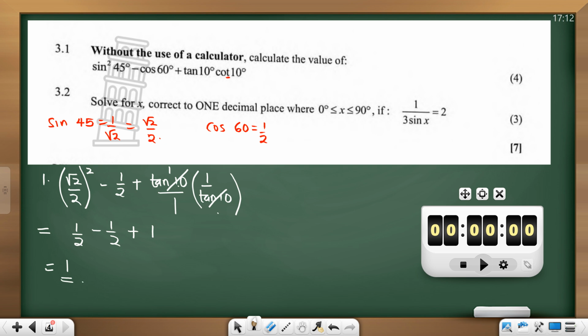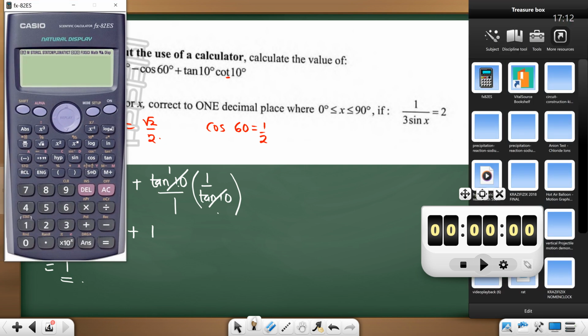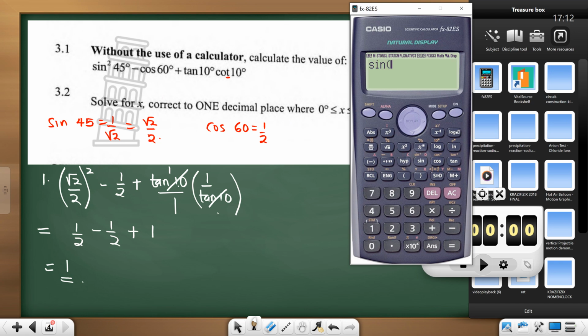Answer is 1. Let me show you something here. I can confirm on a calculator by doing this. Sine, that's how we type sine squared 45. You put the squared there. Minus cos 60, right? Plus, now what do I have?